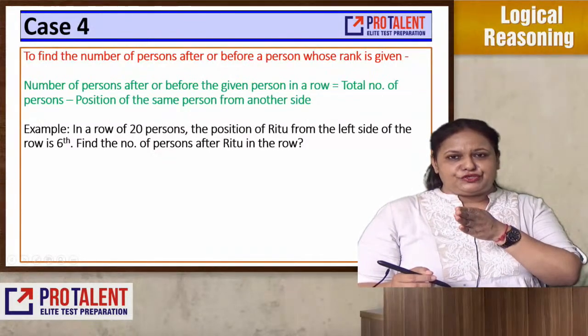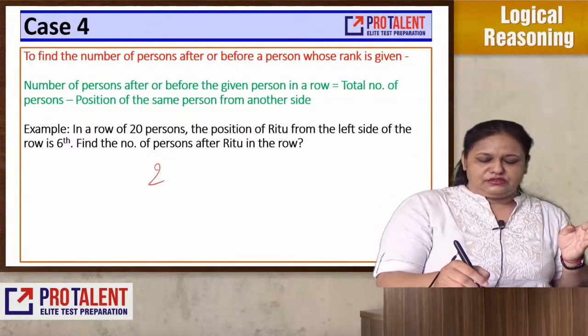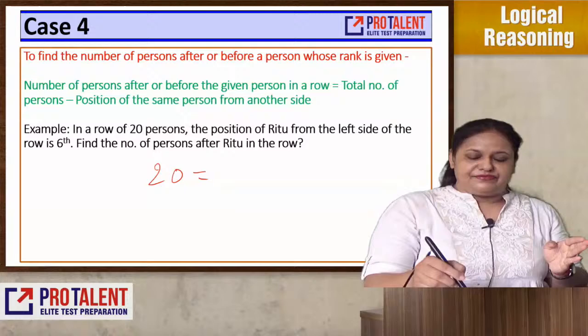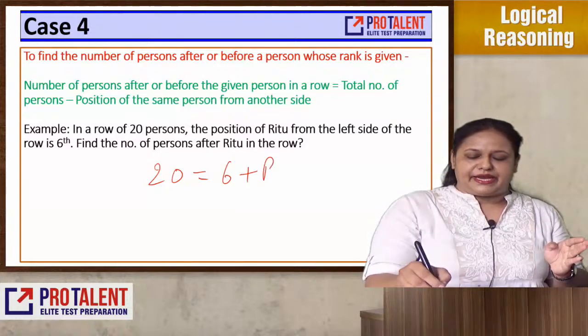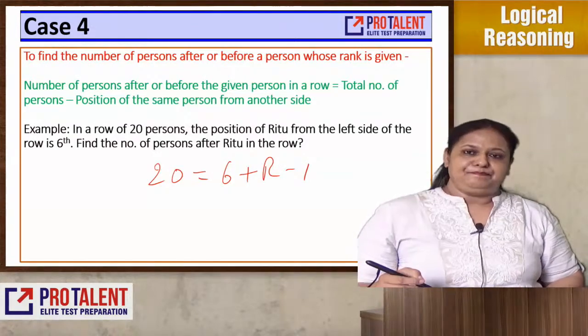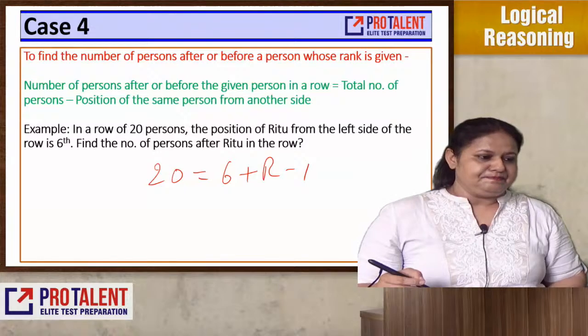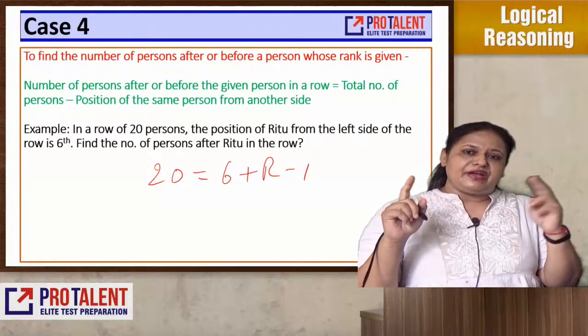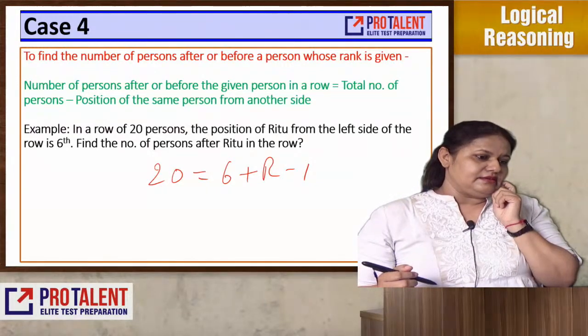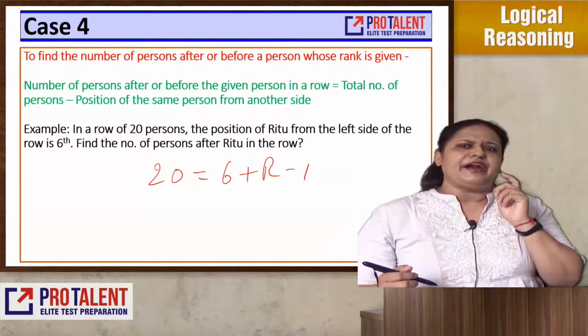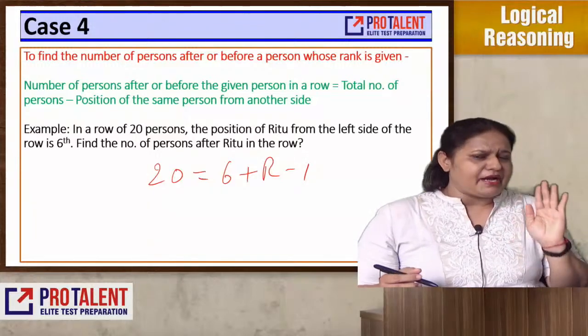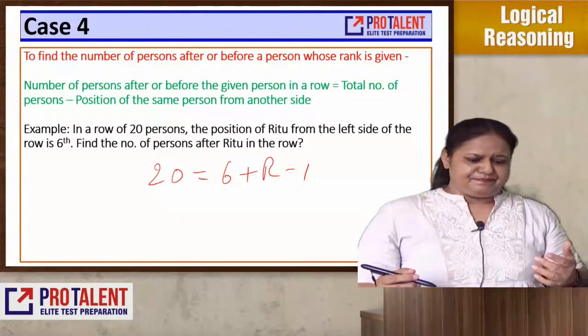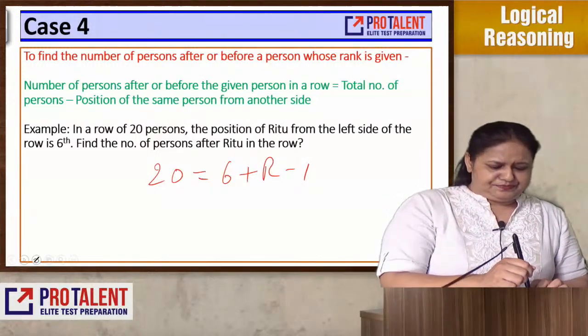Basically it is going to be the total, and then from the left side it is 6, plus right, minus 1. Fine. So this is going to be the answer. No, it doesn't go in that, because when we are subtracting, all right, such more questions will be coming. We will revise it once again. Okay, fine. All right.